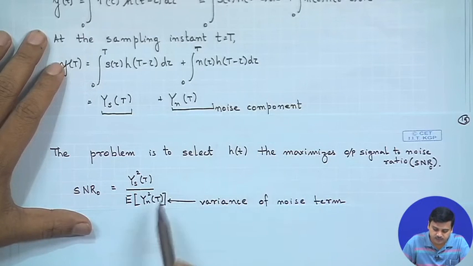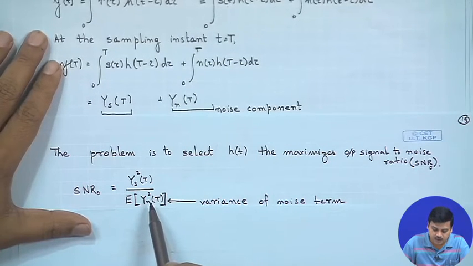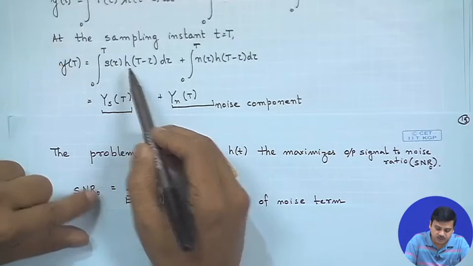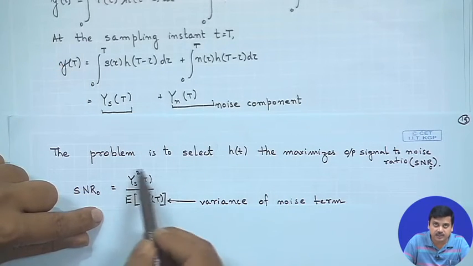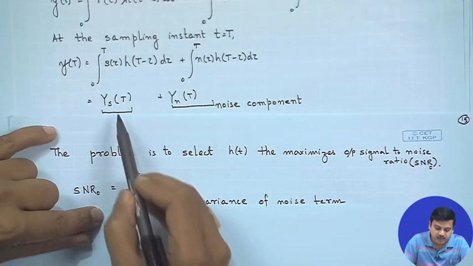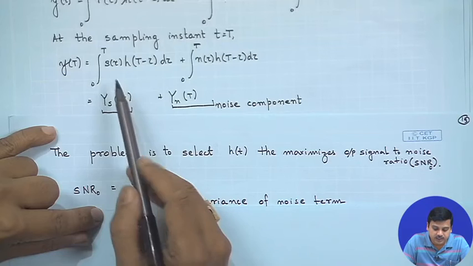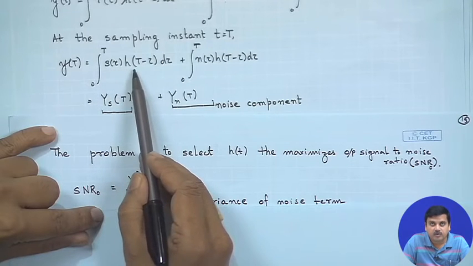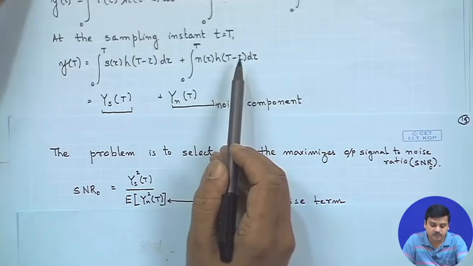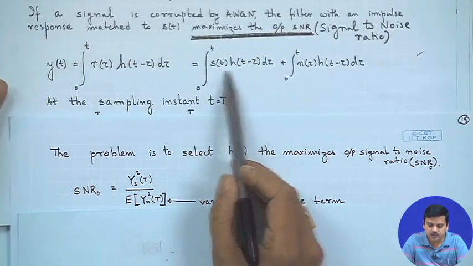Together, we want to find h of t which maximizes the signal component power to the noise component power, where the signal component power is the signal convolved with the basis and the noise is the noise convolved with the basis.